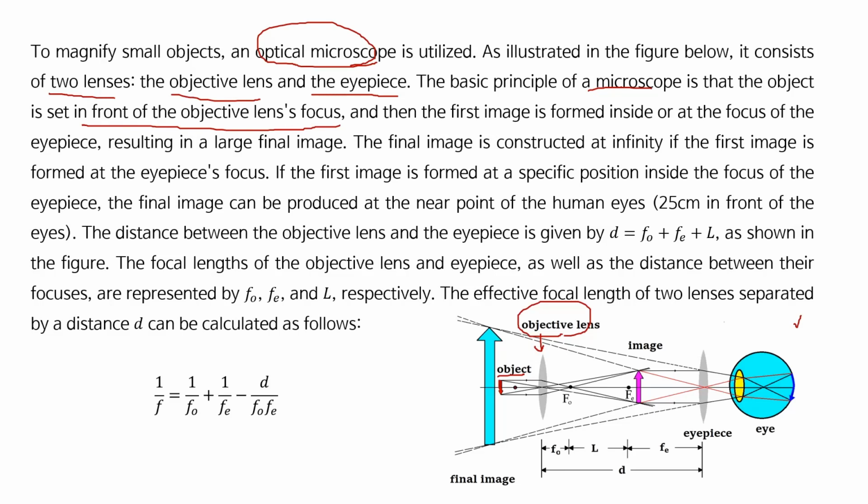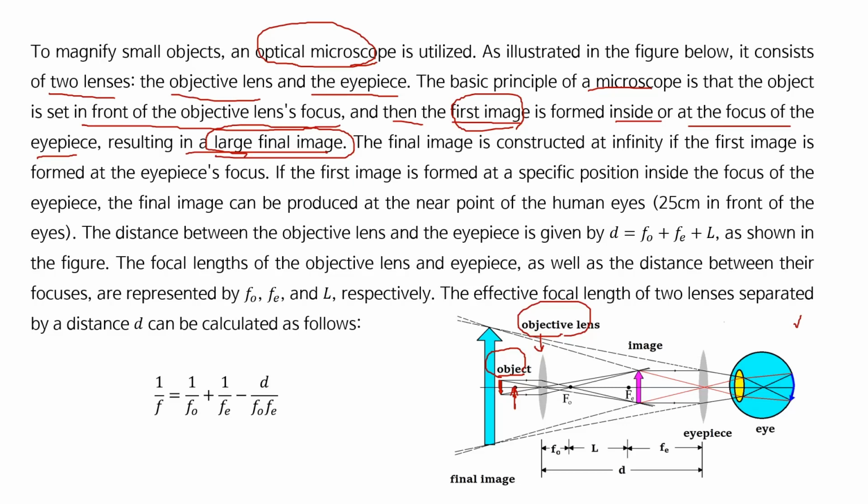Here the objective lens focus is here, and just outside of this objective lens focus, the object is located. And then the first image is formed inside or at the focus of the eyepiece, resulting in a large final image.